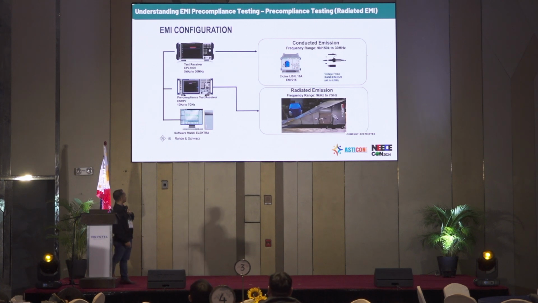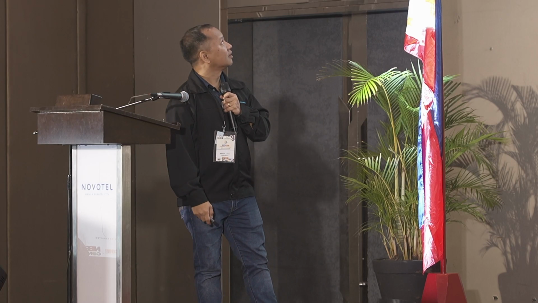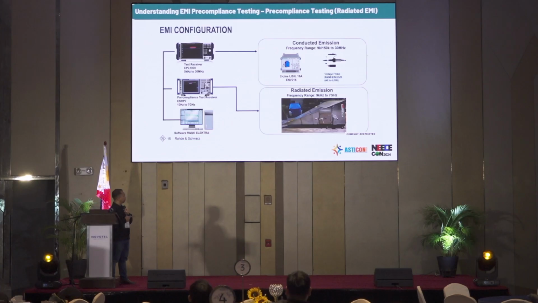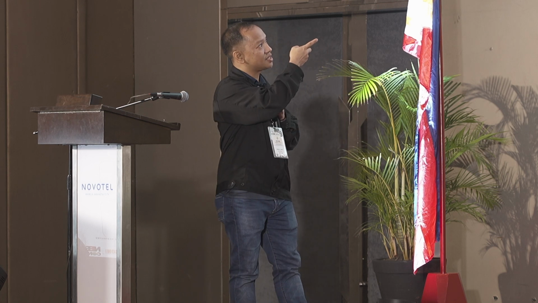And this one is the minimum pre-compliance setup that we can do in your lab. For example, if you cannot afford to set up a big chamber, you can just get a GTEM and do the testing inside, since a GTEM is cheaper than a big chamber.